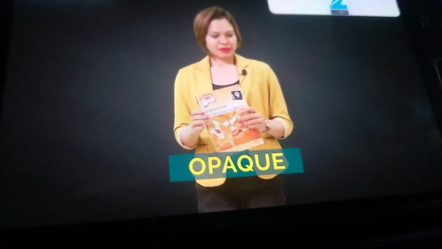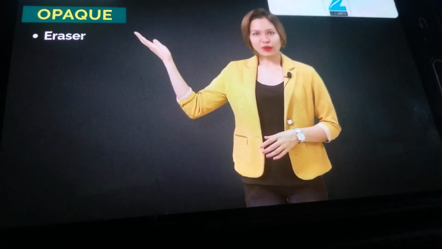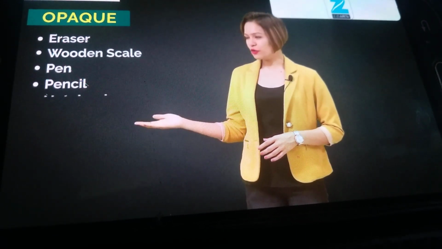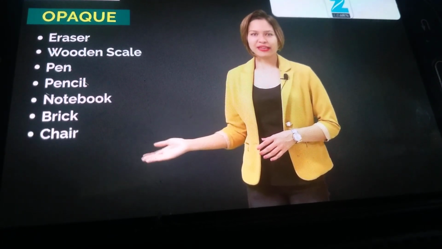And what do we call such objects? Yes, such objects are called opaque objects. And examples of opaque objects are eraser, wooden scale, pen, pencil, notebook, brick, chair, etc.